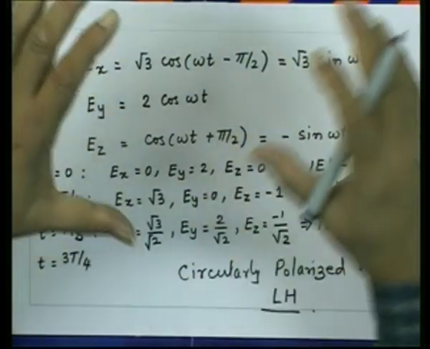So, if we systematically proceed with the concepts which we have developed for uniform plane wave, then by knowing the fields we can find out the various parameters of the medium as well as the properties of the electromagnetic wave.